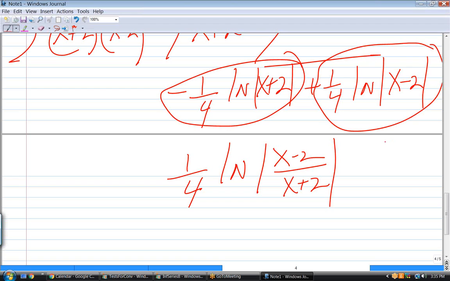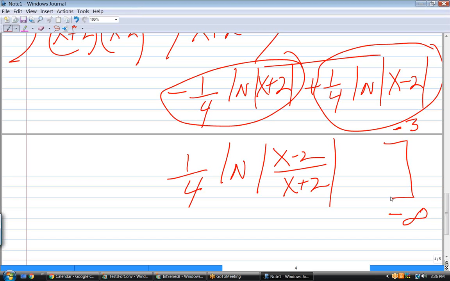Now I have to evaluate that. And they want to go from negative infinity to negative 3. Nowhere is there a problem. In other words, between negative infinity and negative 3, I don't have the denominator become 0, and I don't have the numerator become 0.